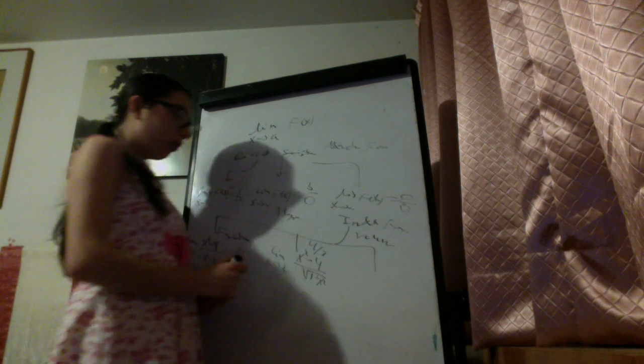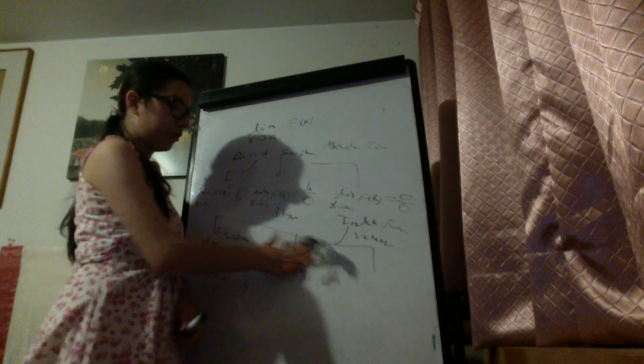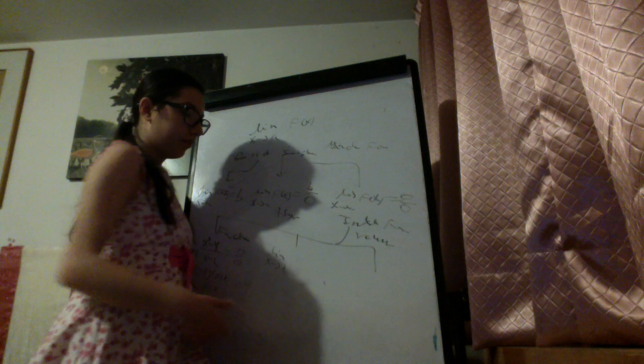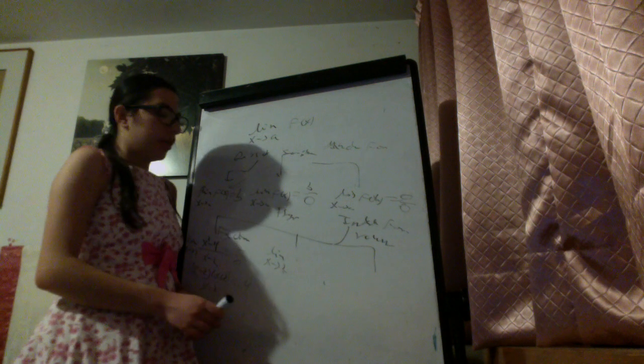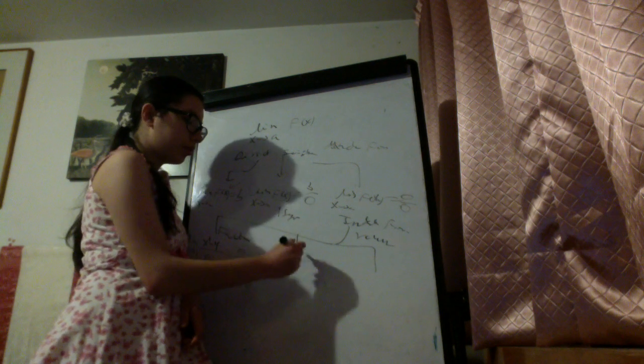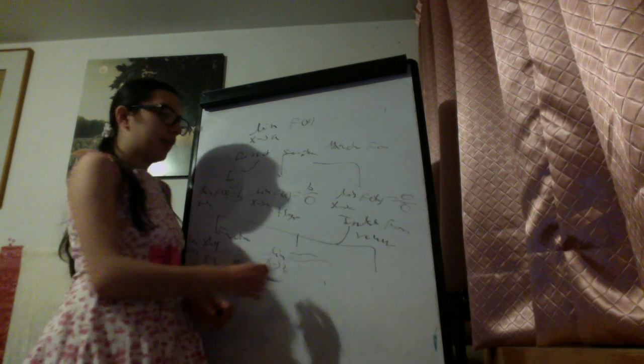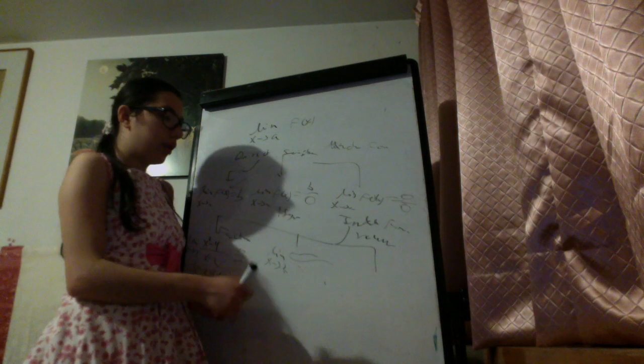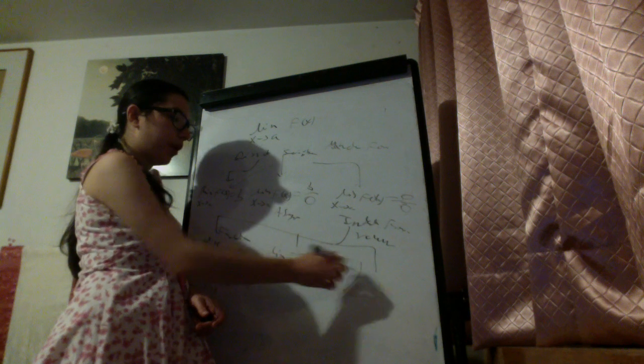Anyway, it's difficult to think of examples on the spot while making the video, but when we have something divided by something and there is a root inside, you can multiply by the conjugate of the root.